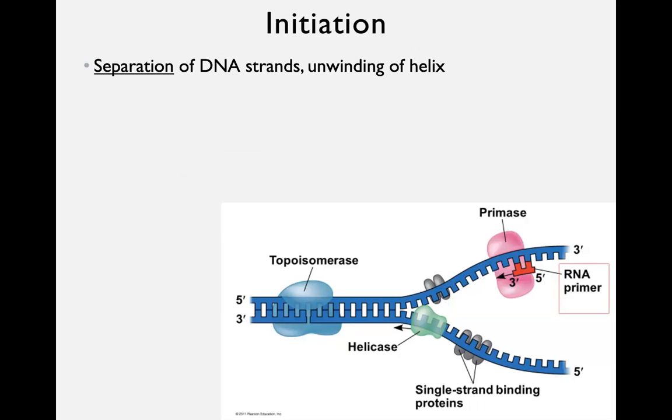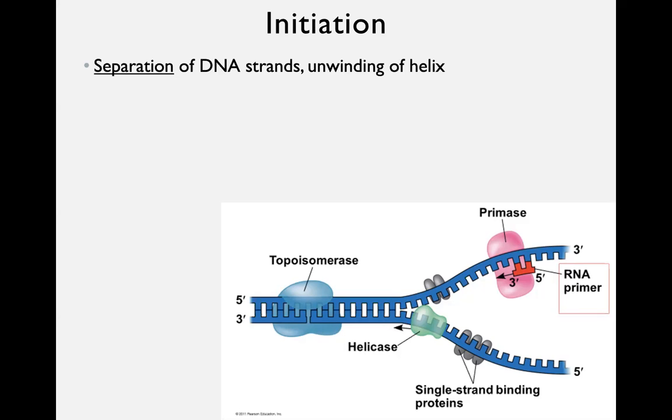So initiation, first we have to separate the original strands, right? We got to unzip it because we have to copy each one. So DNA strands are unzipped by helicase. Here's helicase, it's unzipping in that direction. Well, topoisomerase is over here keeping it from supercoiling.